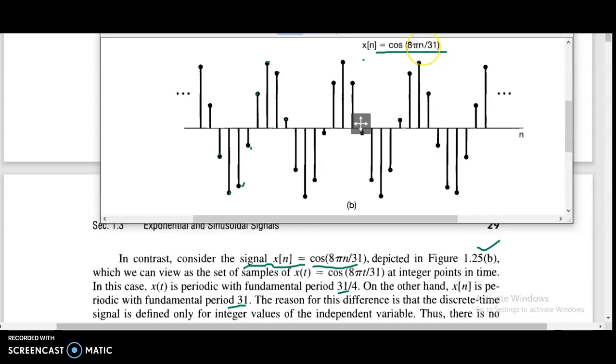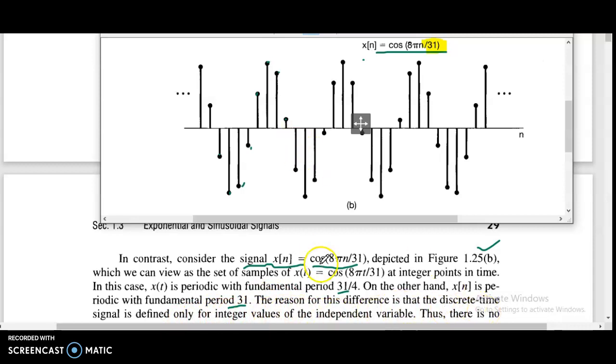On the other hand, x of n is periodic with fundamental period 31. The reason for the difference is that discrete time signals are defined only for integer values of the independent variable.